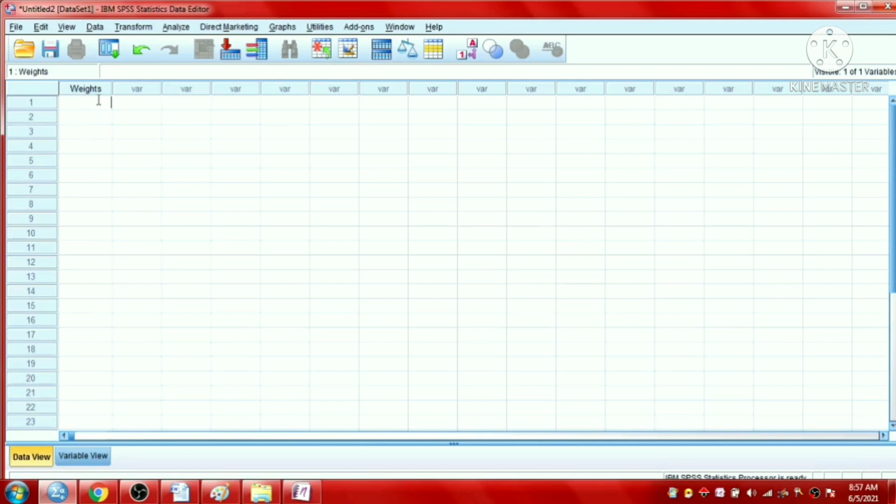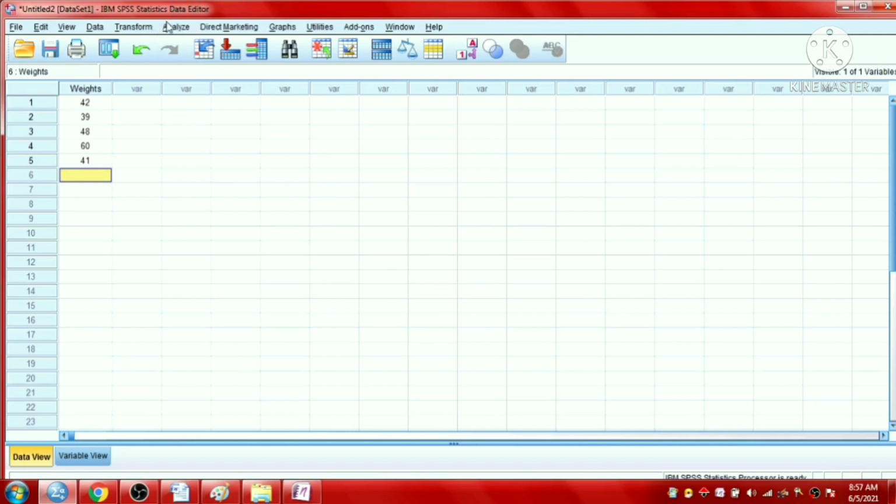Now in data view, put all these values from the question as weight: 42, 39, 48, 60 and 41 kg. So 5 observations are given.